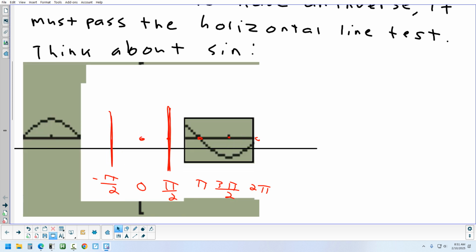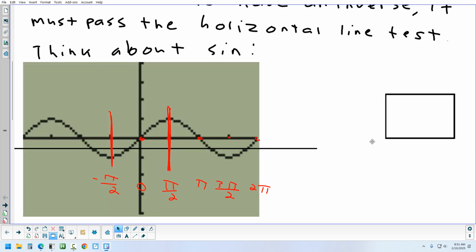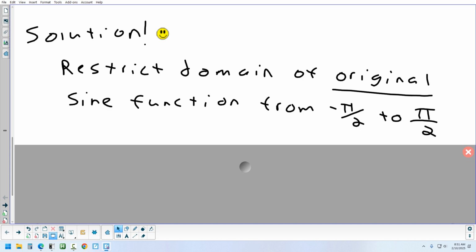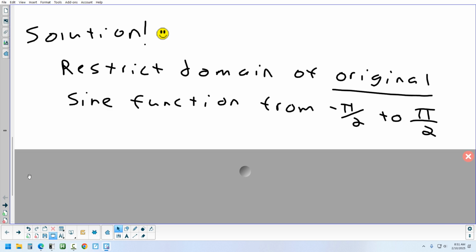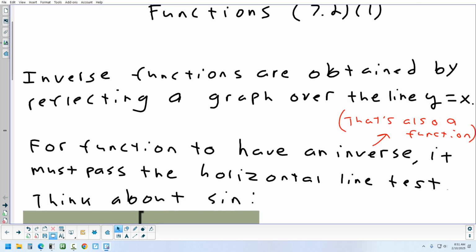So that's what we're going to restrict the domain of the original to. The reason we're doing that is to force it to pass the horizontal line test, which then means the inverse of sine will now be a function, which is what we want.